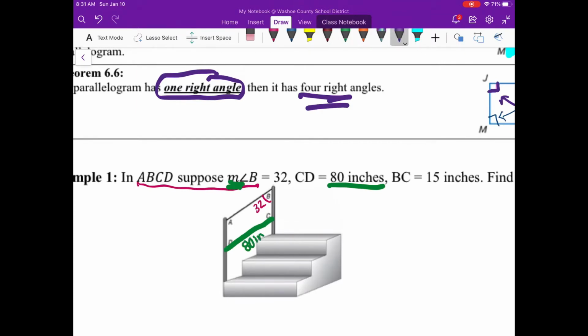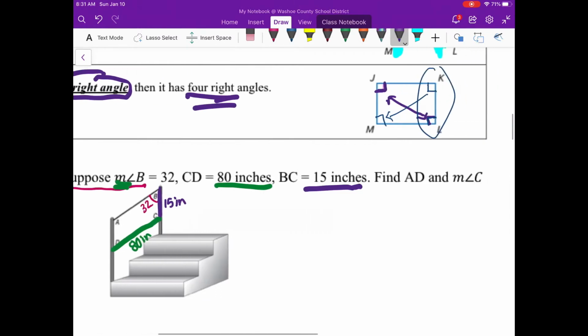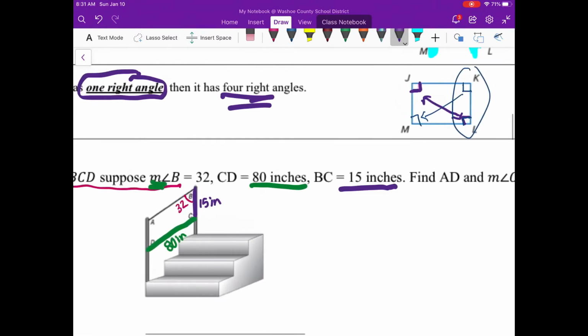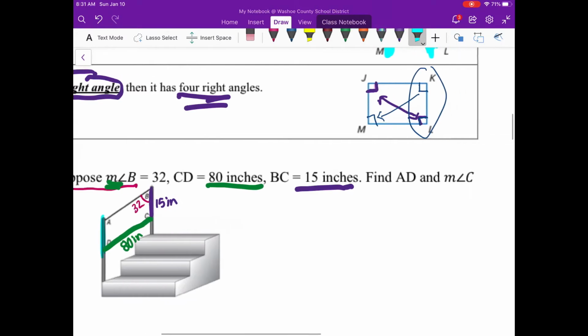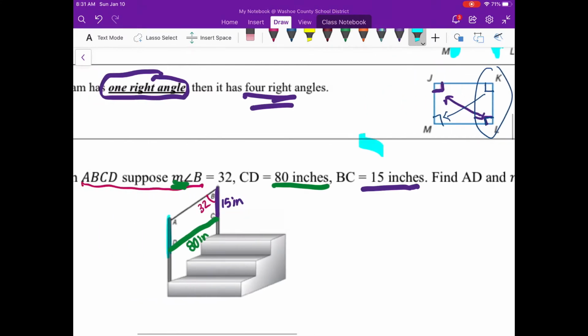So from C to D is 80 inches. Then I also know that BC is 15. So this right here, 15 inches. Find AD. So I want to know what AD is. And then I also want to know what angle C is.